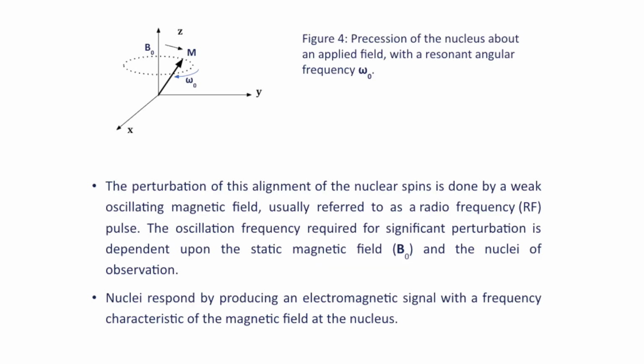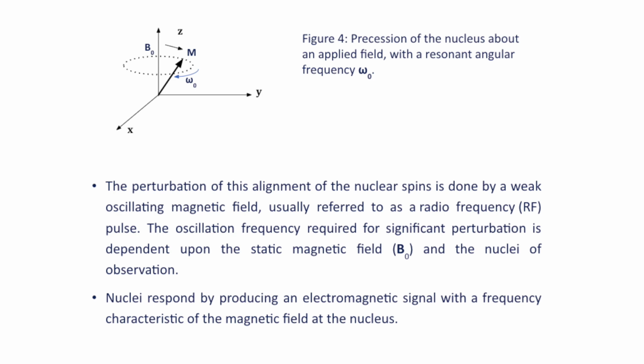In figure 4, we can see precession of the nucleus about an applied field with a resonant angular frequency omega naught. The perturbation of this alignment of the nuclear spins is done by a weak oscillating magnetic field, usually referred to as a radio frequency RF pulse.